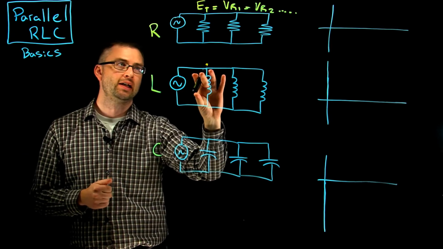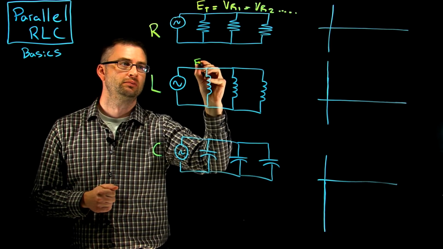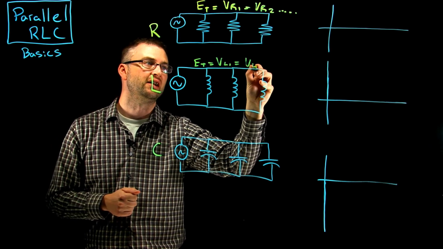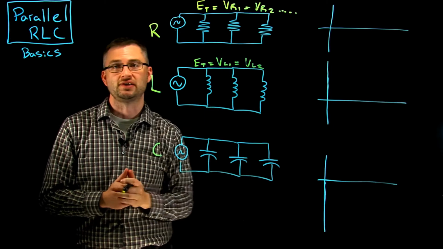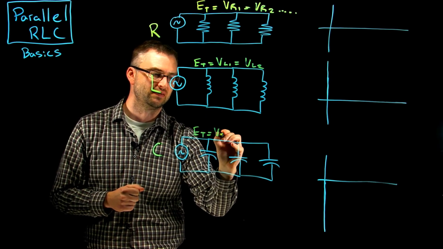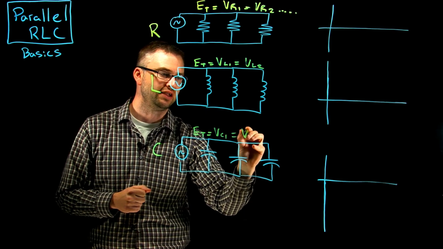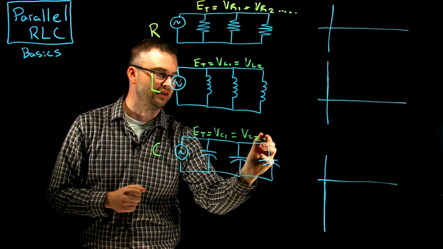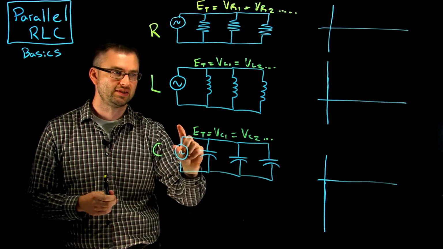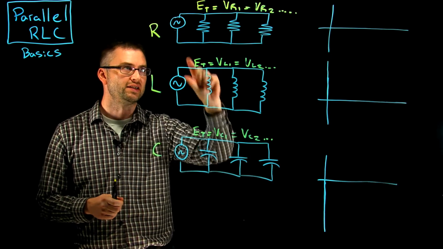Same thing here: E total is going to equal the V of L1, which equals the V of L2, and the voltage across the inductors is the same. We can make the same statement: E total is equal to the V of cap 1, equal to the V of cap 2, etc., throughout these circuits. That's the thing about the parallel circuit: voltage is constant across each of the branches.